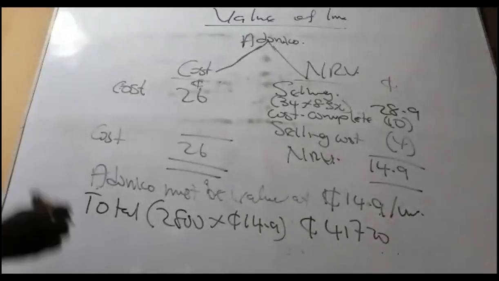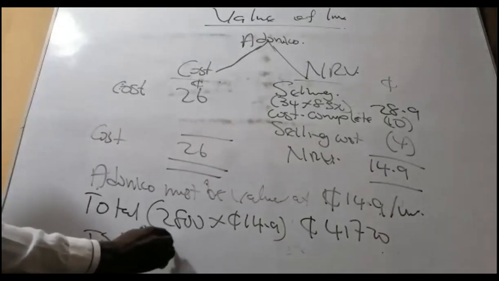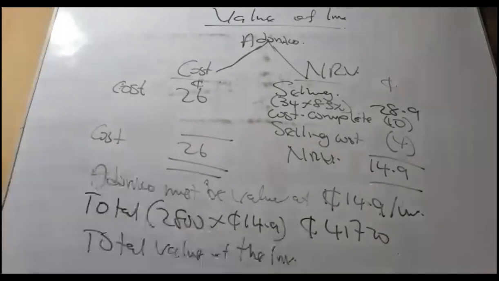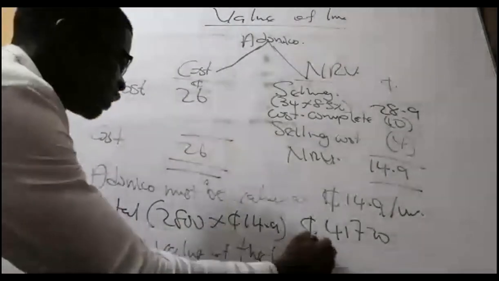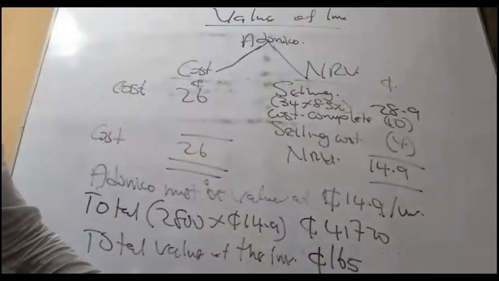In brackets, add the two together for me: 41,720 plus 118,800, and that'll give us 165,520.